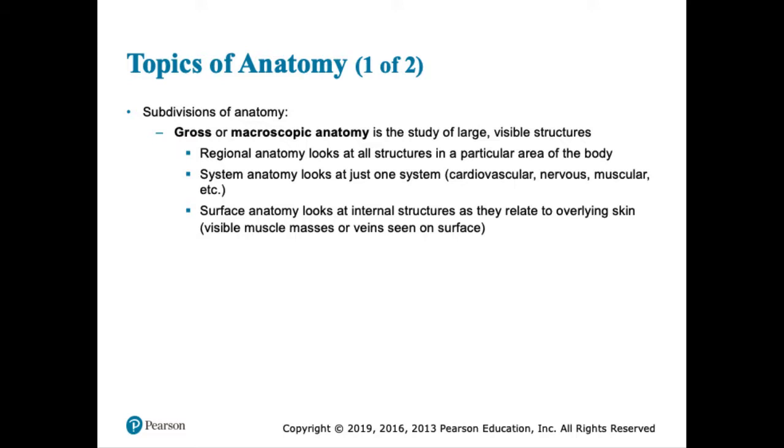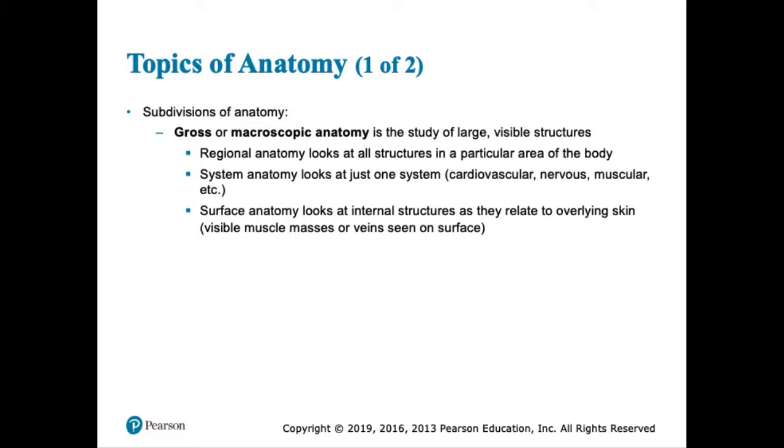So some of the main subdivisions of anatomy. We can think of anatomy and physiology as this whole broad area, right? Well, there are subdivisions of it, and some people work in some areas of anatomy, and some people work in physiology, and some work in these little sub areas. The first one is gross anatomy, or what we call macroscopic anatomy. Gross anatomy is just the study of the large visible structures.